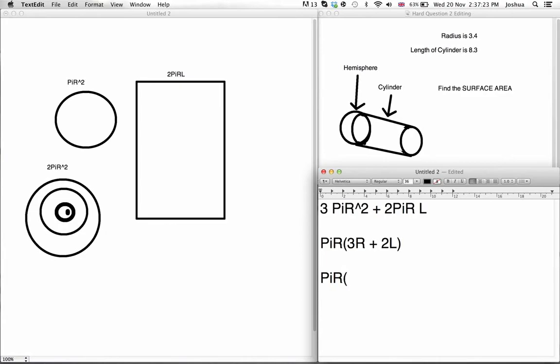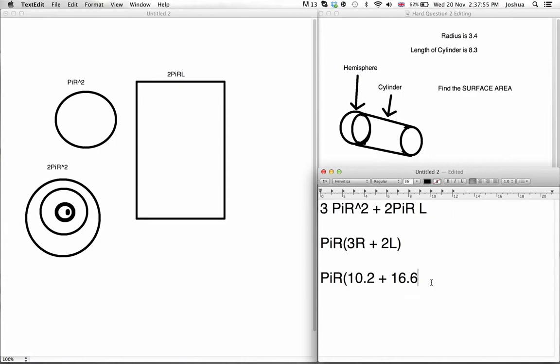And what's 3r, guys? Well, type this in your calculators. 3 times 3.4 will give you 10.2. I remember typing this in the exam. 10.2, and then you add on 2 times the length of the cylinder, 8.3. That would give you 16.6, guys, because 8 times 2 is 16.